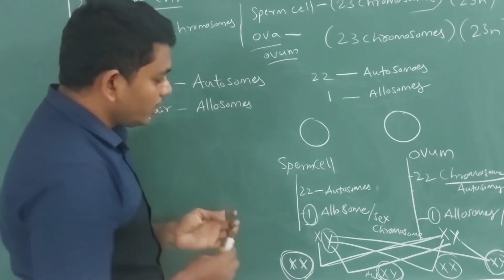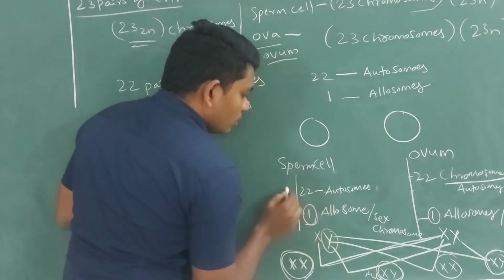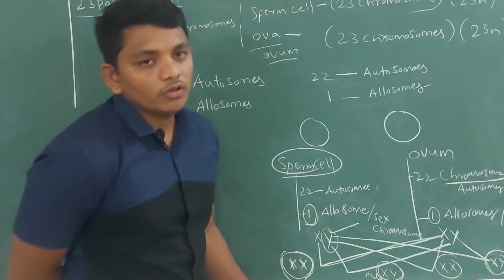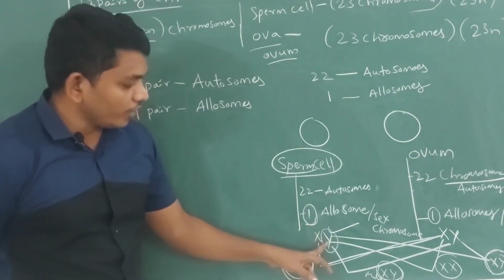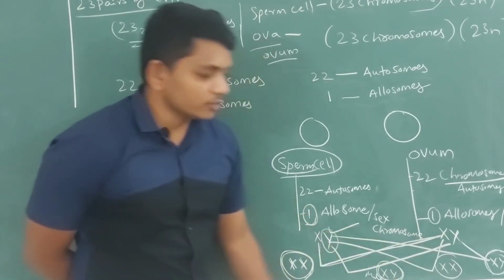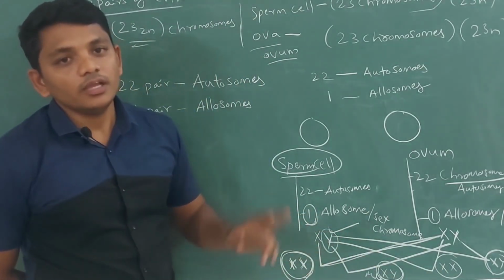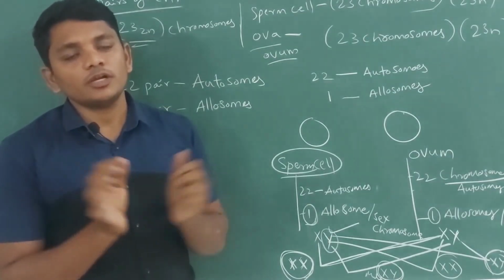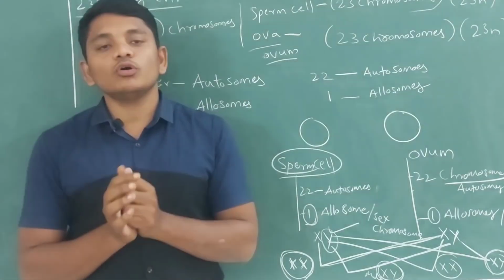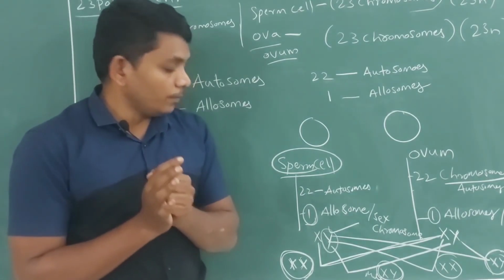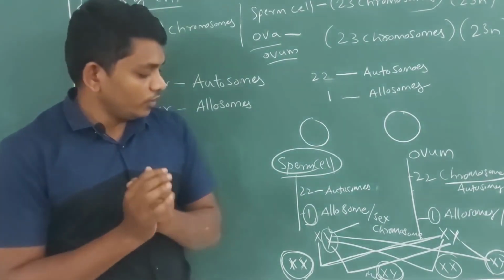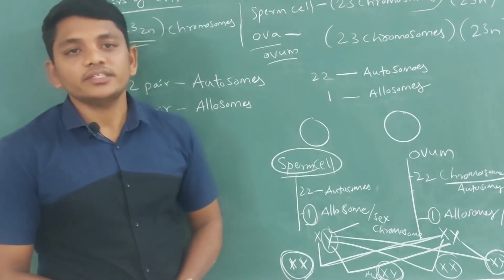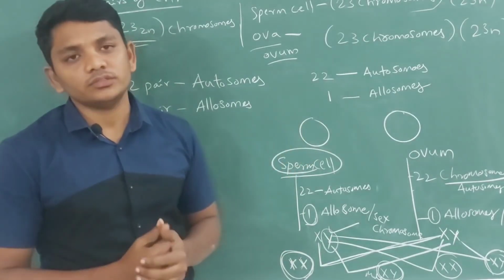If the Y chromosome combines with the X chromosome, then XY will form and make male babies. So which chromosome plays the major role in sex determination? We can say the Y chromosome plays the major role in human beings.